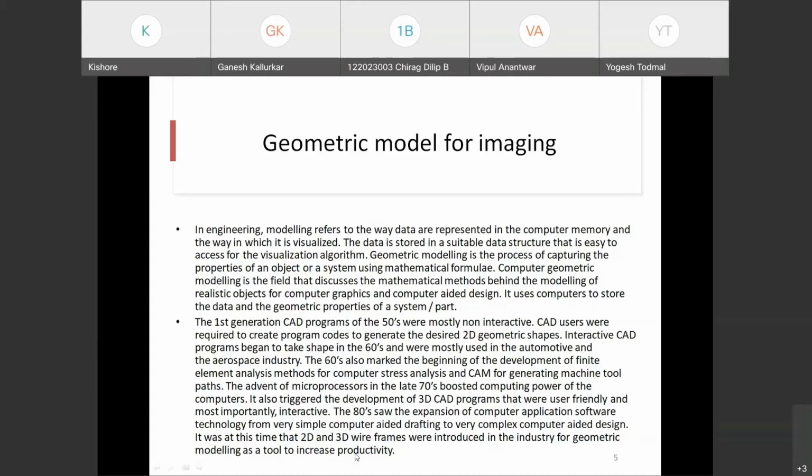It was at this time that 2D and 3D wireframes were introduced in industry for geometric modeling as a tool to increase productivity. Again, 3D and 2D wireframe is nothing but representing a model using curves and lines.